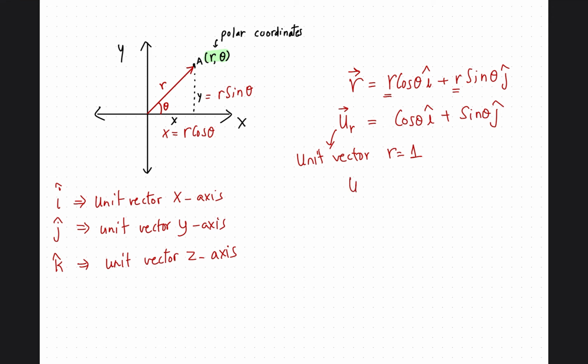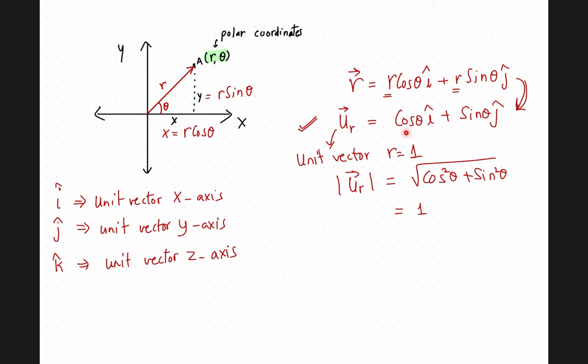If I check the magnitude of UR, I will find it as 1, because the square root of cosine square theta plus sine square theta gives me 1. So this is true because its magnitude is 1 and I have generated it from the R vector.